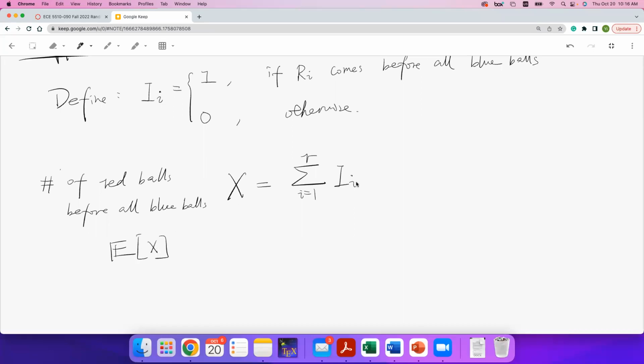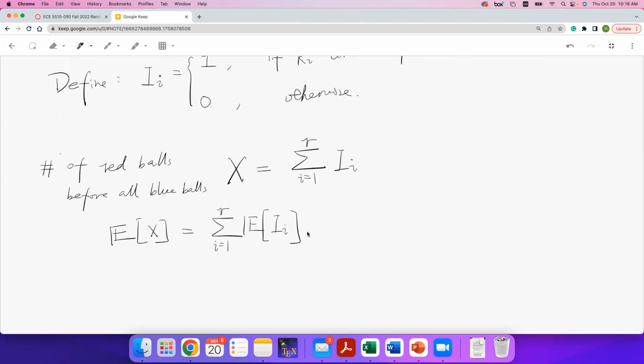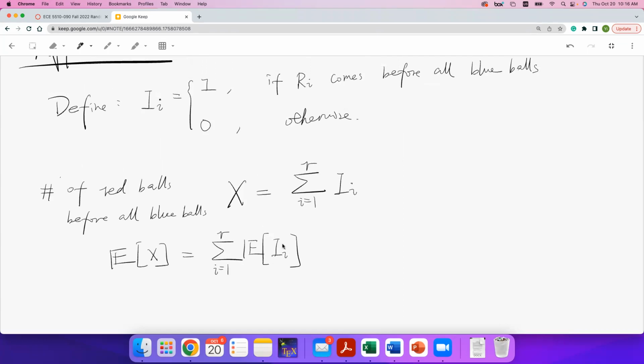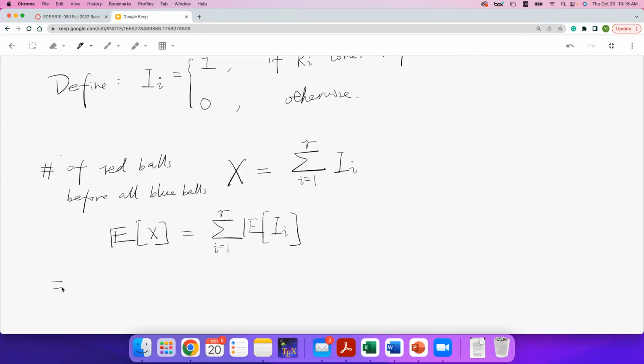For each smaller random variable, we only need to care about one single red ball. Right? So that's where things get simplified. Okay, so we just need to compute the expectation of I_i.